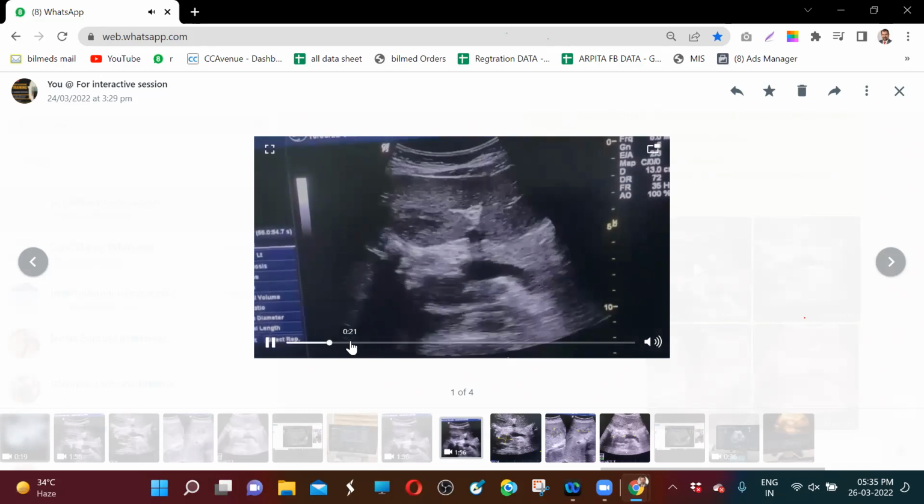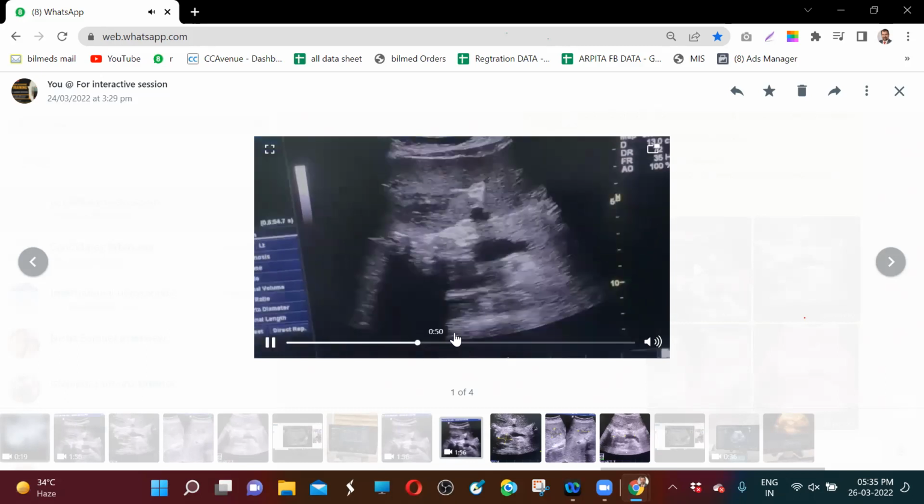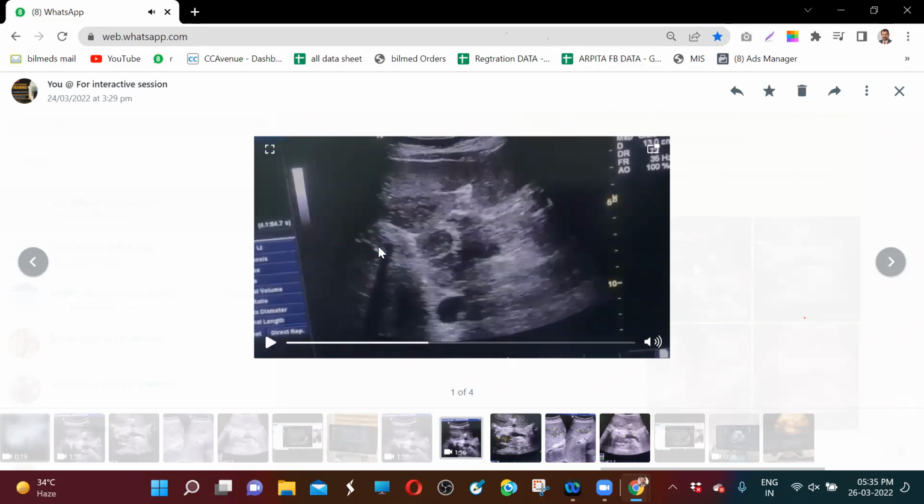Focal sparing, but don't straightly jump. If this is a focal spared area, and if you put a color box over here and you see a vessel coming and going through this area, that will make you label this area as 100% focal spared.